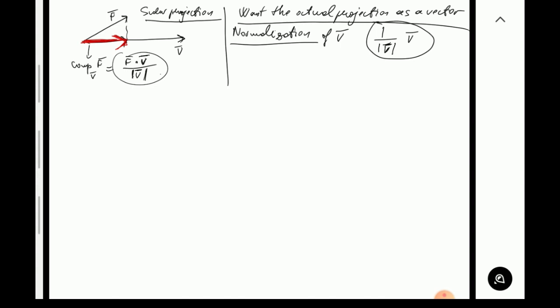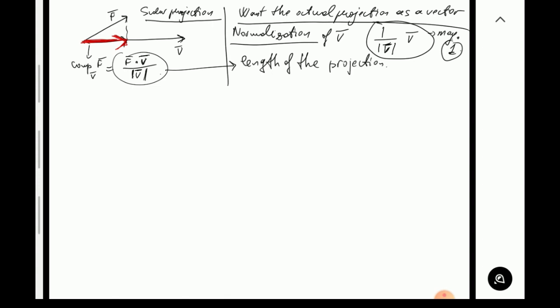I really mean scalar multiplication of V with 1 over the magnitude of V. But the length of this is going to be 1, so this will have magnitude 1. And then I want to make it of magnitude equal to the projection. But the length of the projection is going to be the component of F onto V.